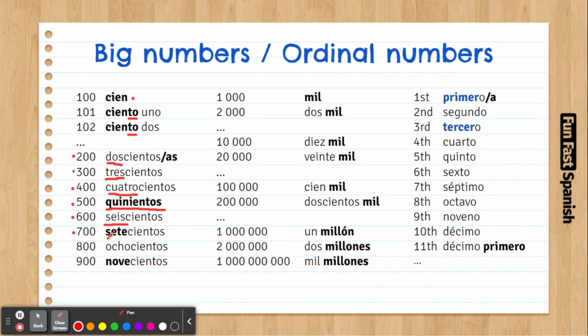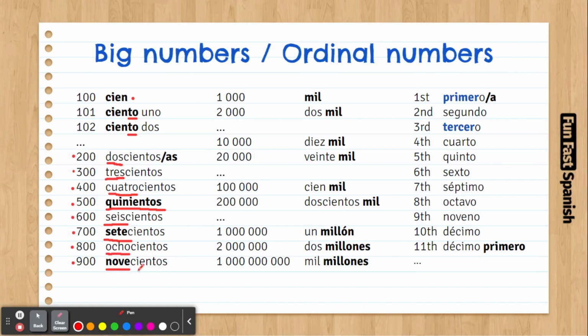It's not sietecientos, it's setecientos. 701, 702, 703, until you reach 800. 800 is normal. 801, 802, and then 900. This one is different. It's not novecientos, it's novecientos.